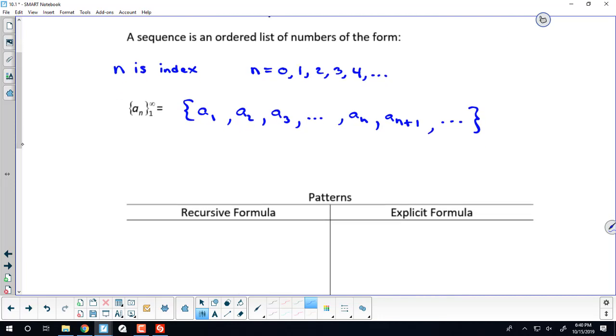The terminology here: a sub 1 we would call the first term, or the initial term, and a sub n we say is the nth term.